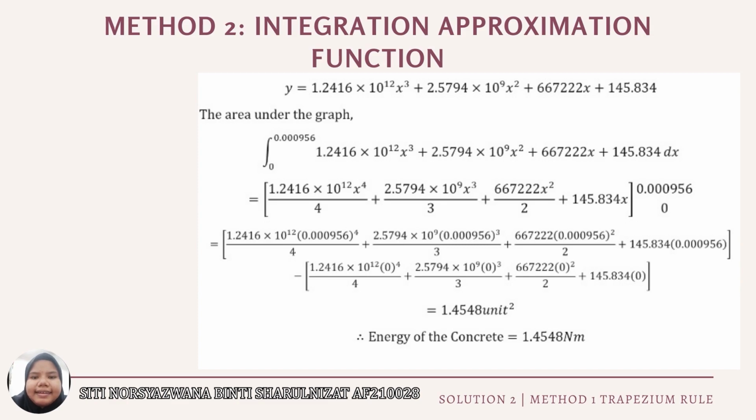To find the area under the graph, we use the limits from 0 to 0.000956. From this calculation, we get the area under the graph is 1.4548 units squared.